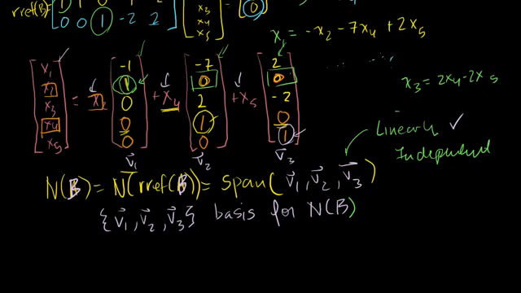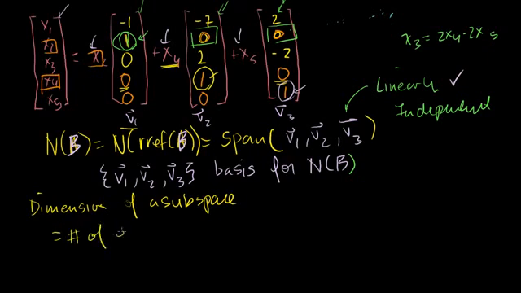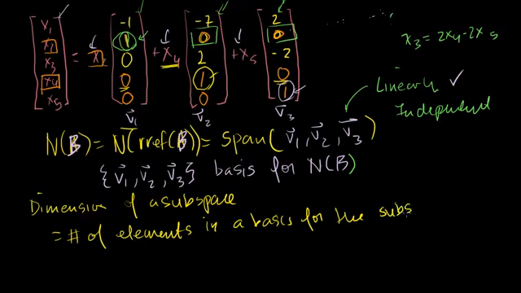In the last video, I defined what dimensionality is. And maybe you missed it because that video is kind of proofy, but the dimension of a subspace, I'll redefine it here, is the number of elements in a basis for the subspace.